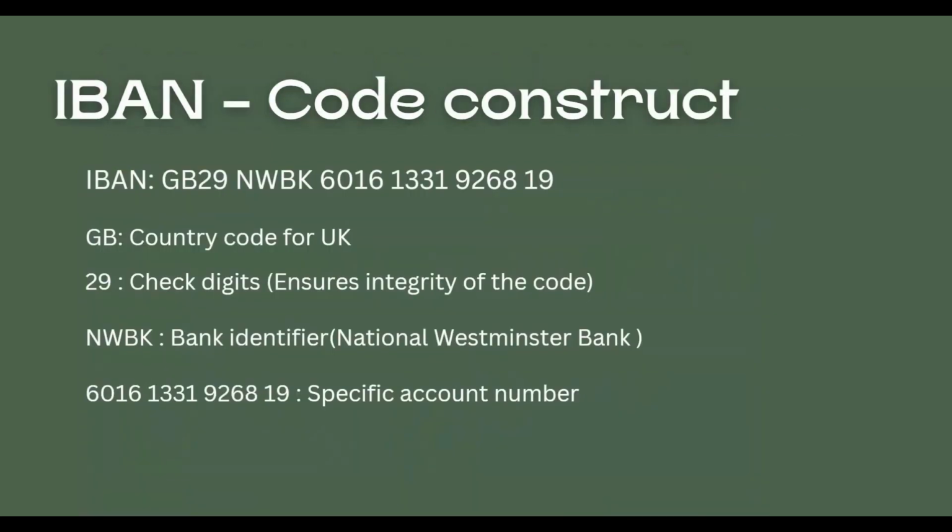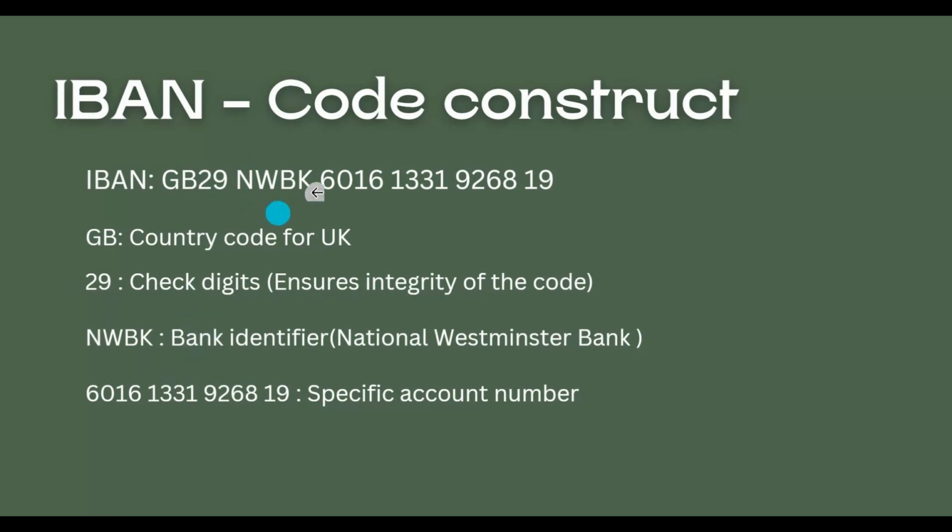Now let's see the IBAN construct for some countries. This is a 22-character code. Here GB is the country code for UK. The next 2 digits represent check digits, which ensure integrity of the code.